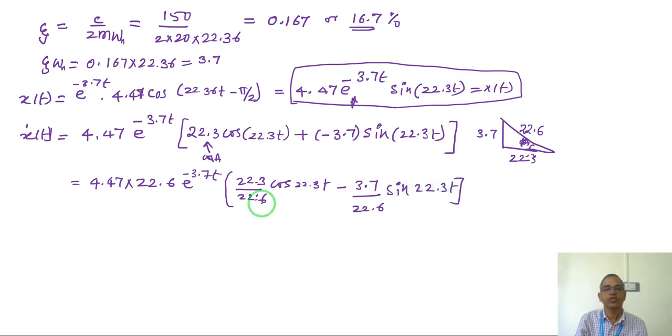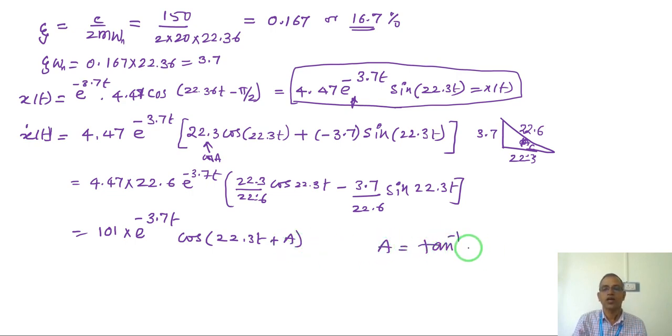Now this 22.3 by 22.6 is cos A. Cos A cos B minus sin A sin B, so cos of A plus B. Multiplying these, we get 101 into e power minus 3.7 t into cos of 22.3 t plus A. So A is nothing but tan inverse 3.7 by 22.3.